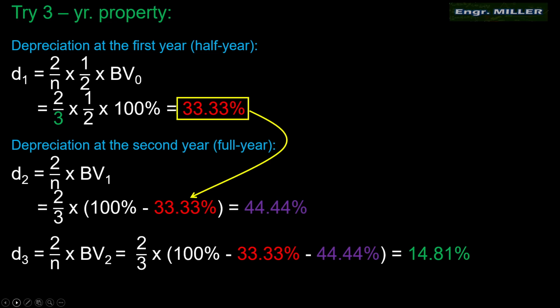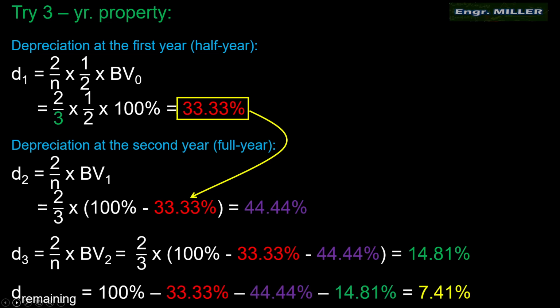So, at the end of 3 years, magkano na ang ma-depreciate? So, at the remaining depreciation, yung matitira na lang kasi natapos na yung 3 years, no? So, yung matitirang magiging depreciation niya sa pinakadulo, i-minus mo na lang lahat, tignan mo na lang kung ilang matitirang asset niya para maging 0. So, 100% minus yung first year, 33.33, second year, 44.44, third year, 14.81. So, yung natitirang i-depreciate niya na lang dun sa dulo ng taon is 7.41%.